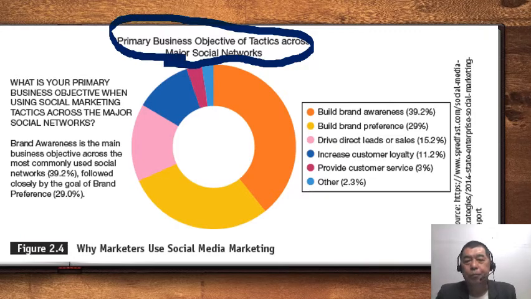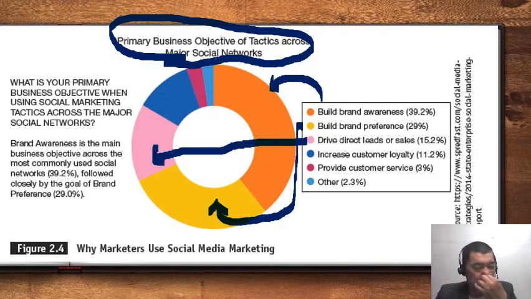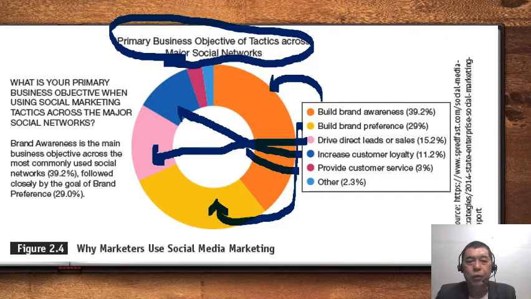Okay. So there is some color coding. For example, build brand awareness is 39.2%, this color, while this color signifies brand preference. The pink stands for driving direct leads or sales, converting your visitors into your customers. Increase customer loyalty is this color, the purple is providing customer service, and the light blue is others, which represents 2.3%.